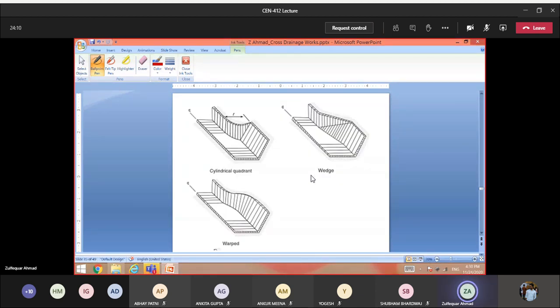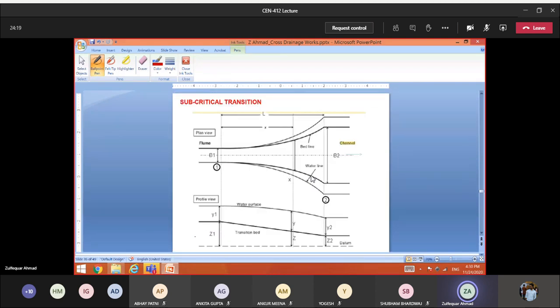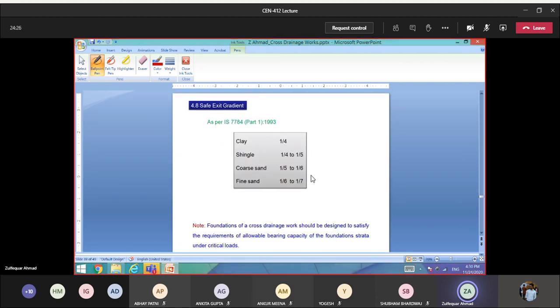But this warping type is considered to be the best one from the energy conservation point of view. Now I discussed this subcritical transition and the computation.